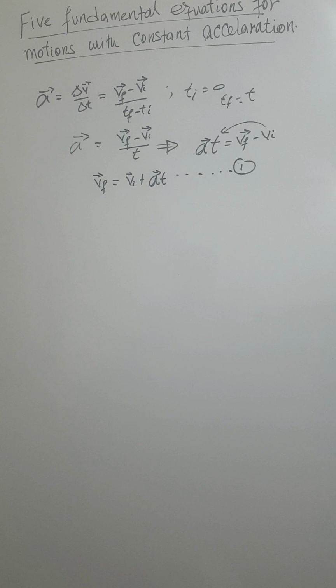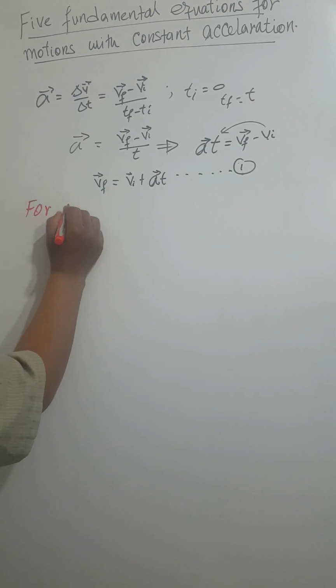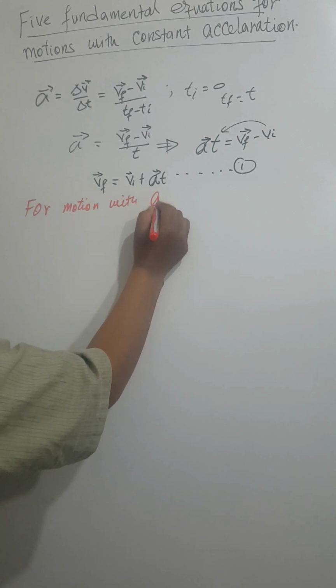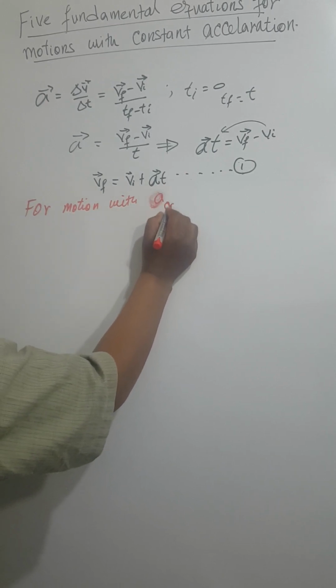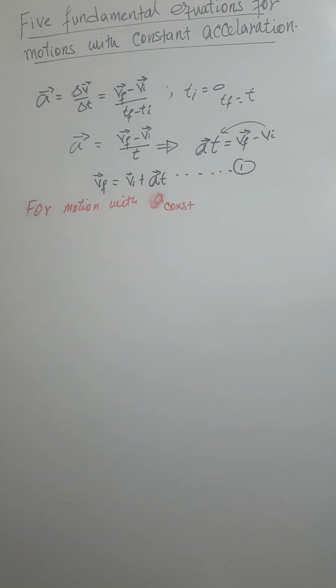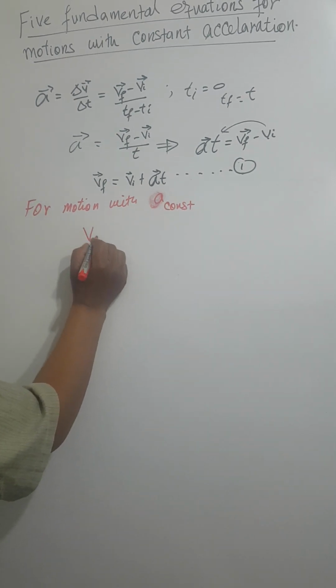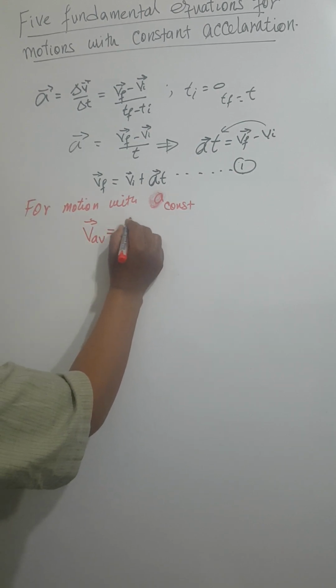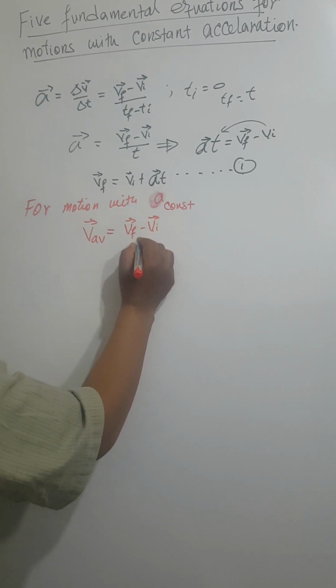Now, for motion with constant acceleration, Vav is equal to Vf plus Vi divided by 2.